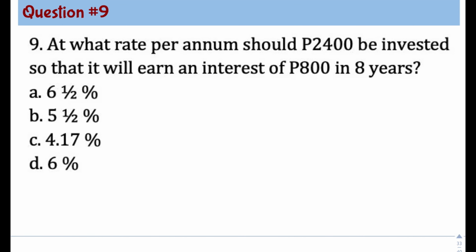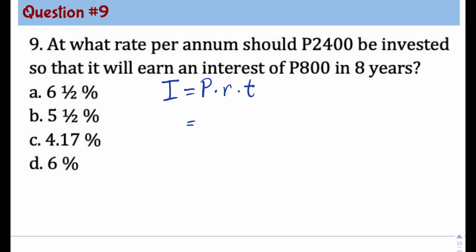Question number 9. At what rate per annum should 2,400 be invested so that it will earn an interest of 800 pesos in 8 years? So for this question, you really need to memorize this formula to calculate for the interest. Interest is equal to principal times the rate times the time.